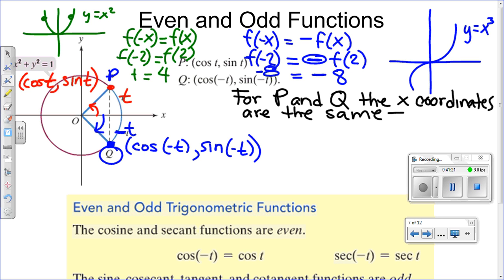So what this tells me is that the cosine of the negative angle is equal to the cosine of the positive angle, right? The x values are the same for this point and this point, isn't it true? I'm not going to test you on this either. This is just to show you why they're odd and even.